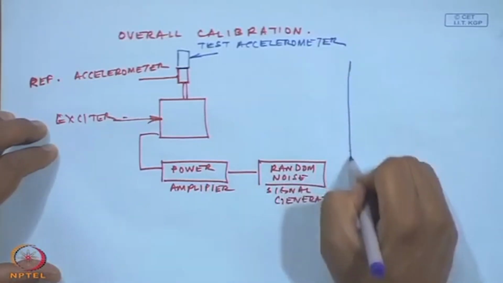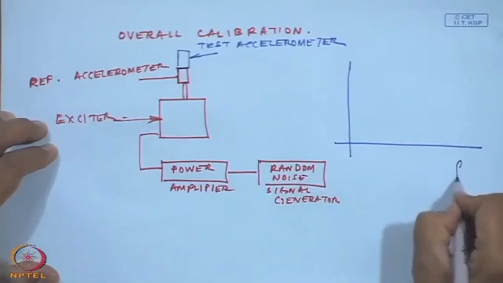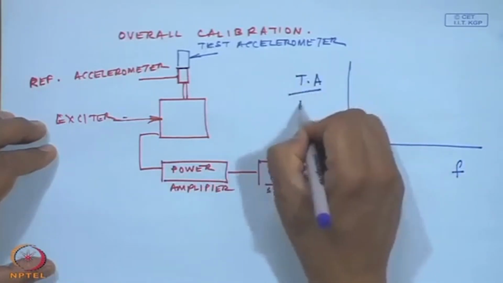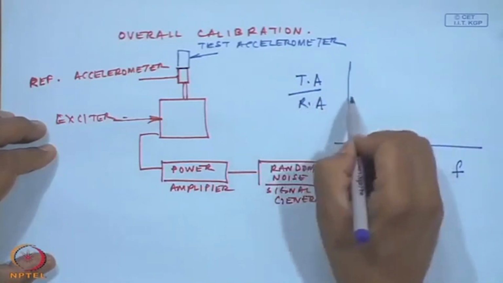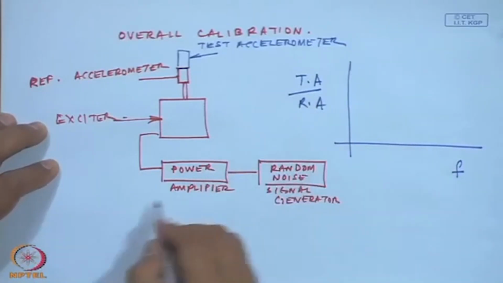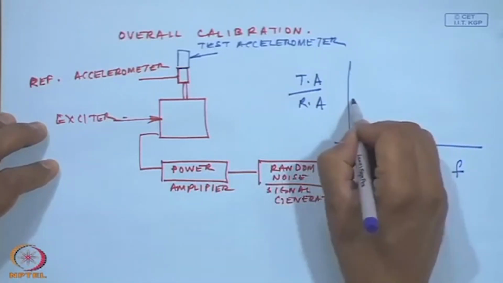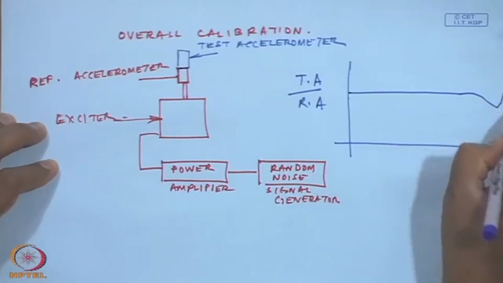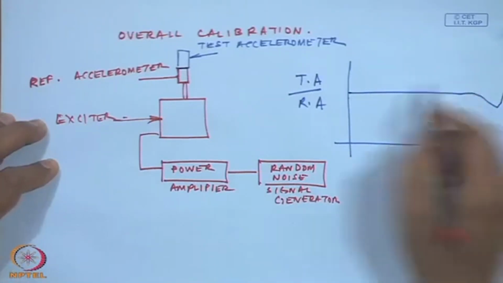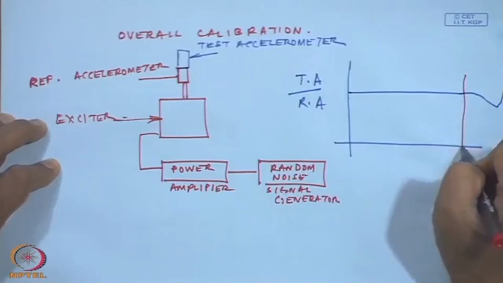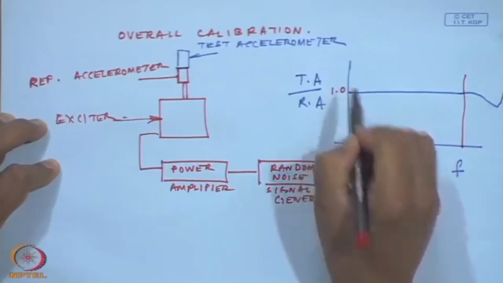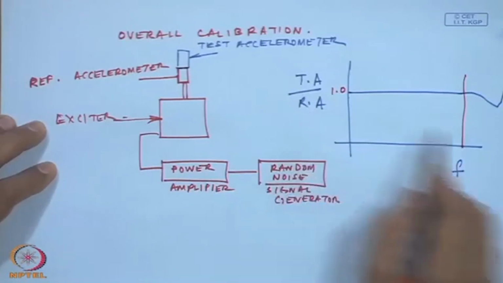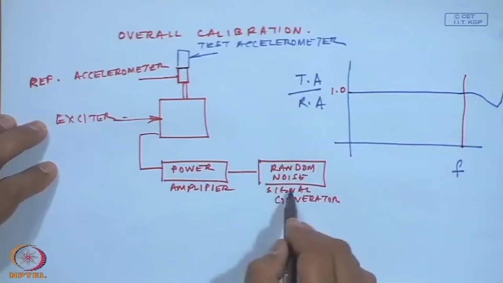So, if you measure the transfer function between the test accelerometer and the reference accelerometer, if I know the reference accelerometer is good from a certain bandwidth, you should see a plot like this, whatever. So, this means the test accelerometer is behaving the same as the reference accelerometer for all frequencies of excitation.